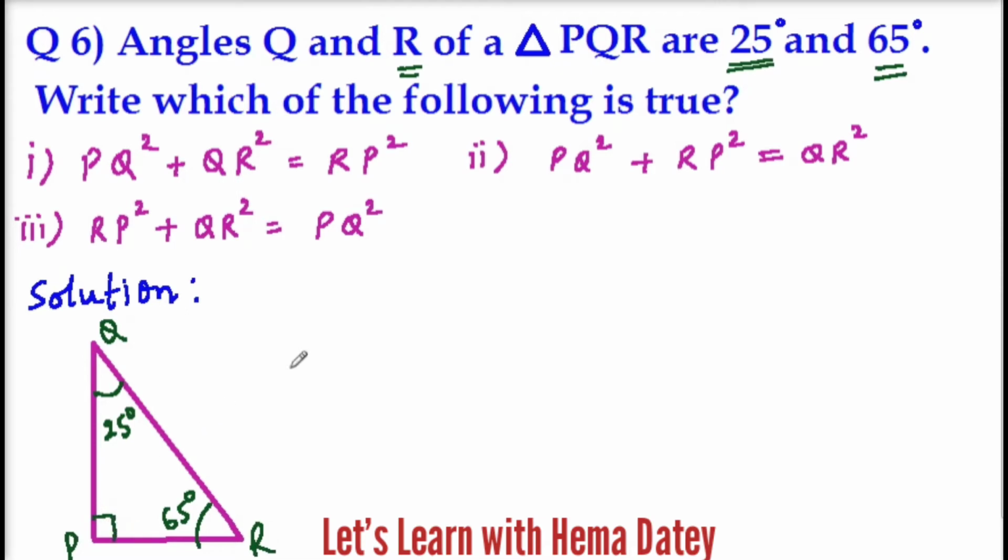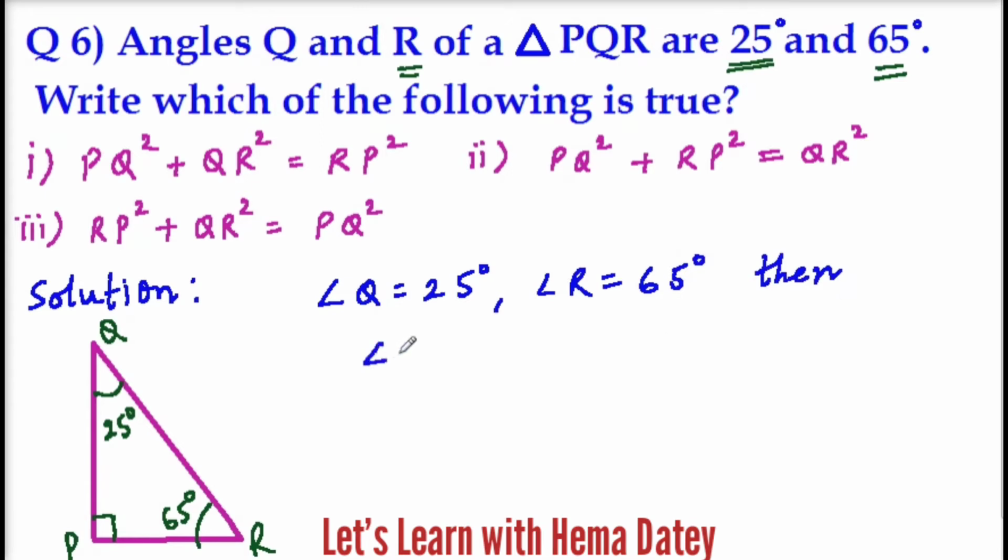By angle sum property, this angle P will be 90 degree, but we'll calculate by using angle sum property. Angle Q is 25 degree, angle R is 65 degree and angle P we don't know. Then by angle sum property, angle P is equal to 180 degree minus the sum of the other two angles, means 25 degree plus 65 degree.